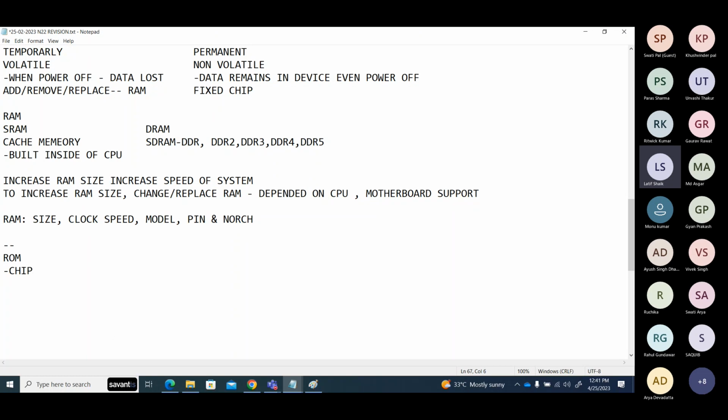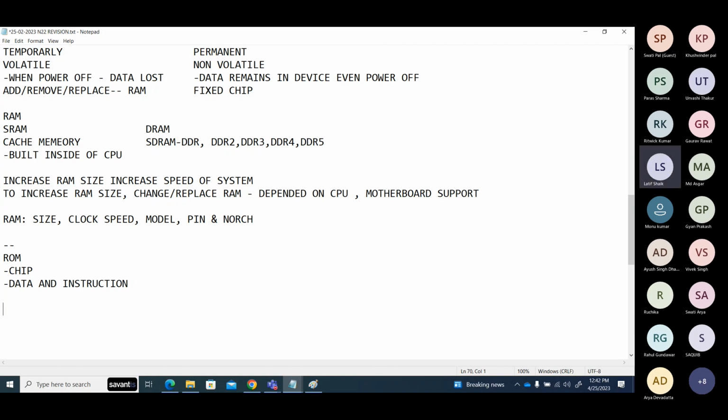It's a single chip memory type. So data and instructions are burned into the chip.